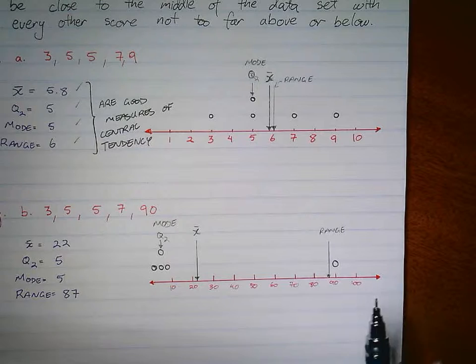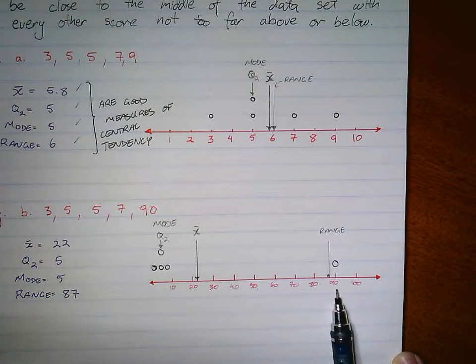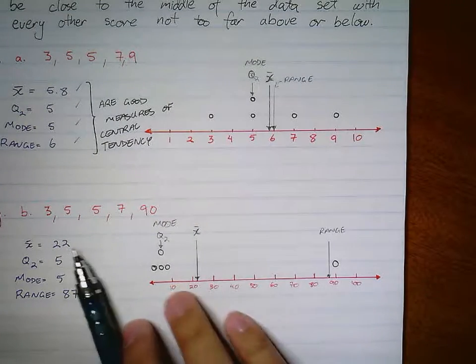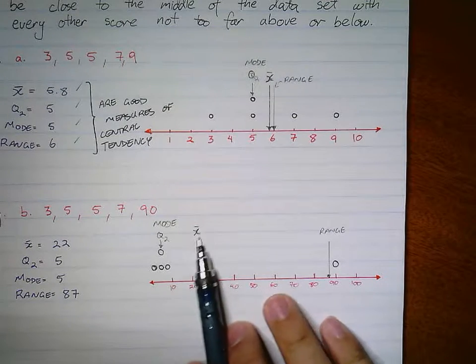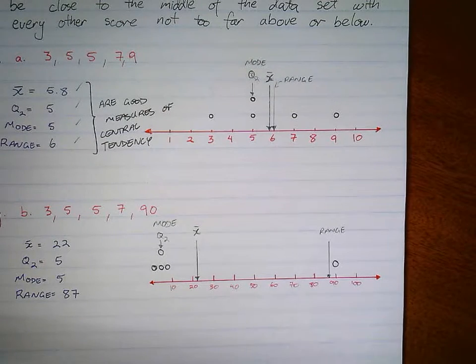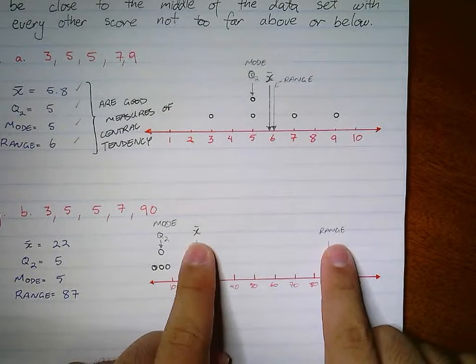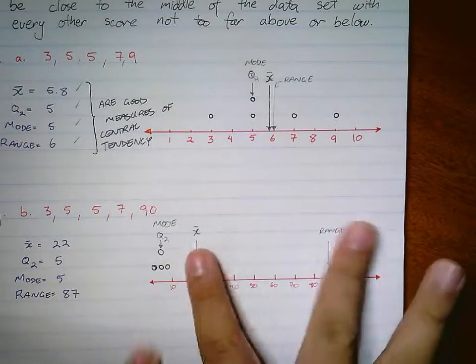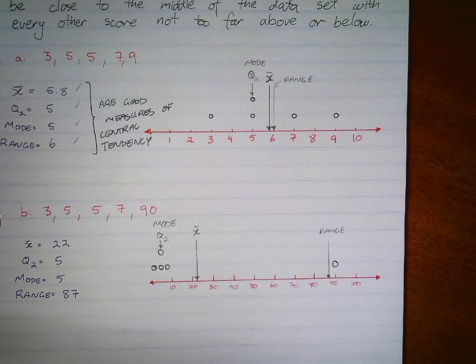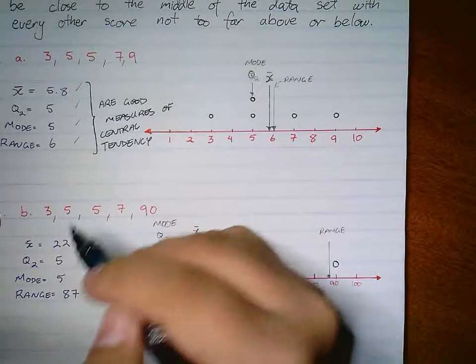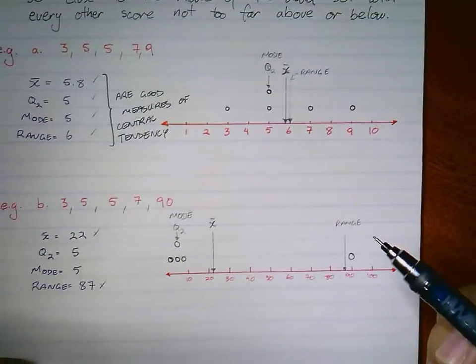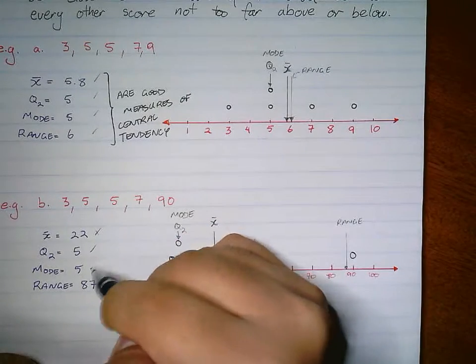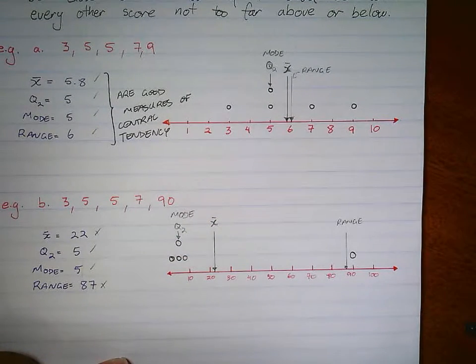Notice how big of a difference 90 has now made to the mean and the range. So as a result, because these two, the mean and the range, are not in the middle, not close, we can say that these two are not good measures, put a little X there, whereas these are.